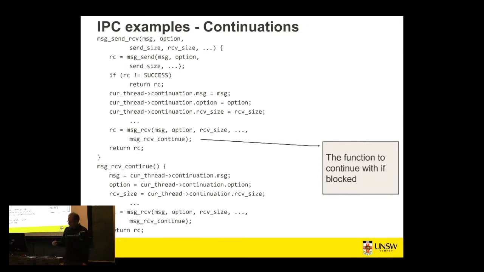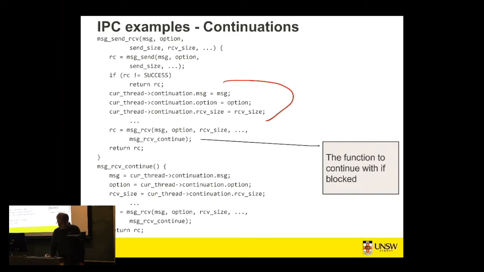So what we have to do is conservatively save the state that we might need to continue the receive when there is a message available to receive. Okay.